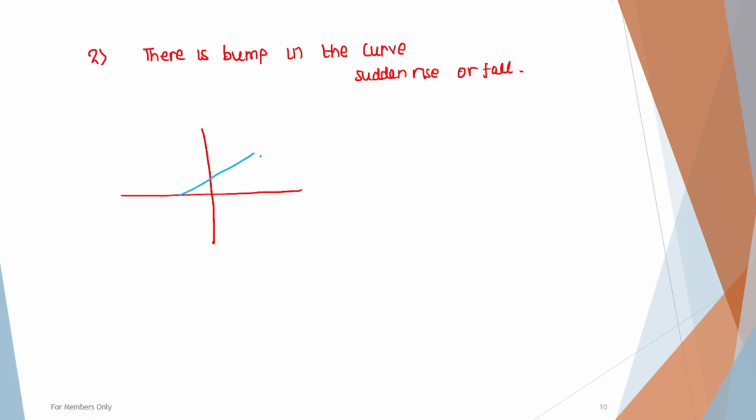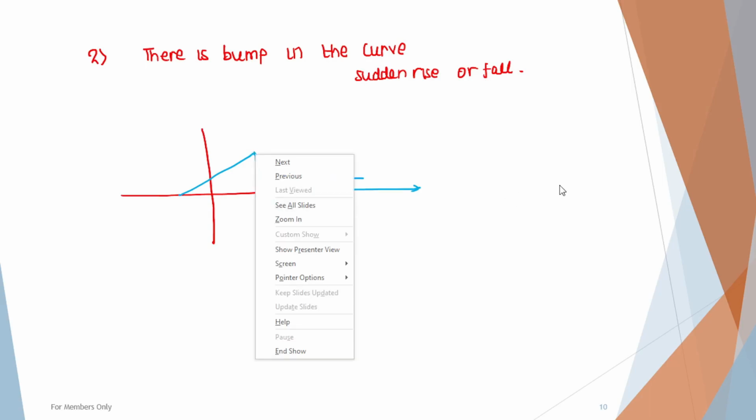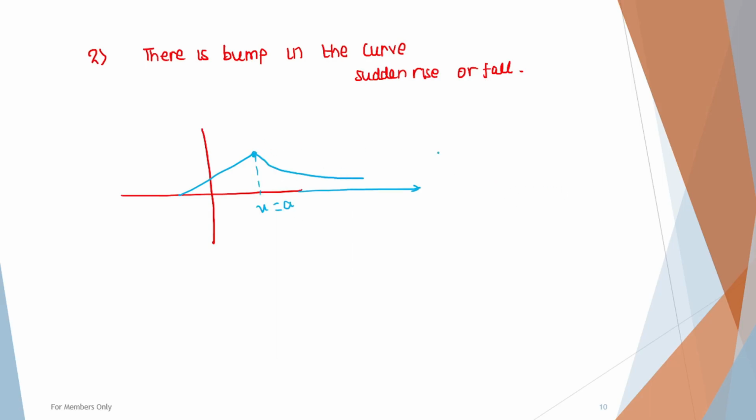Okay, so from here and it is like this. So if you want to differentiate at x is equal to a, although it is continuous, this particular function f of x is not differentiable at x equal to a, because the f dash of a minus is not equal to f dash of a plus. Okay, so there is a bump here.